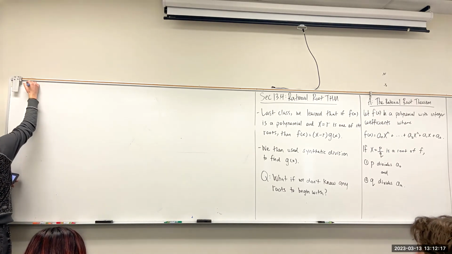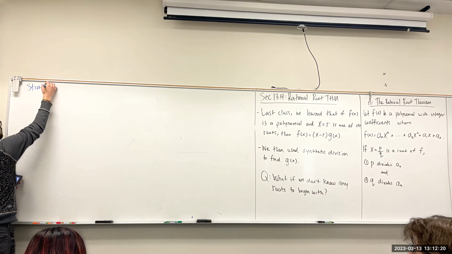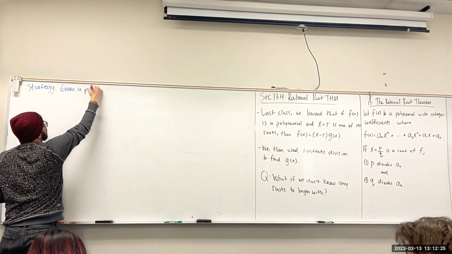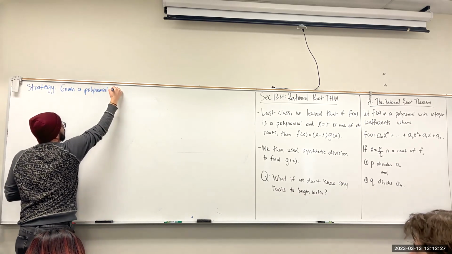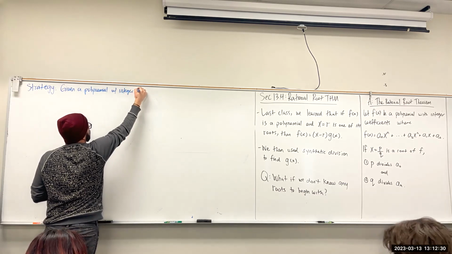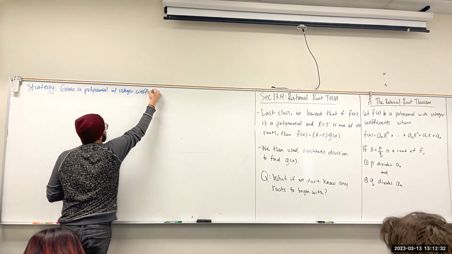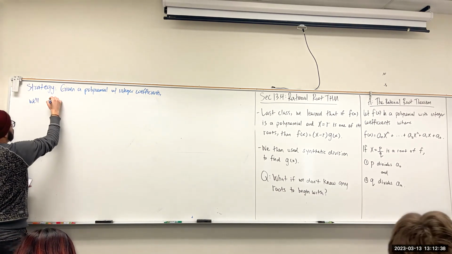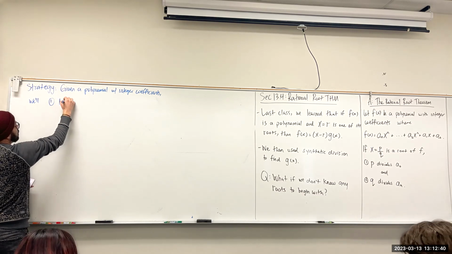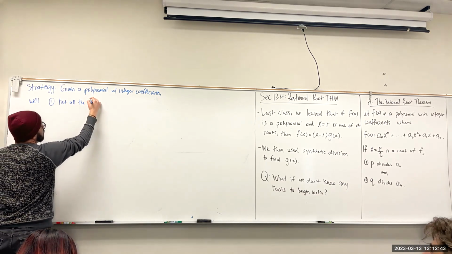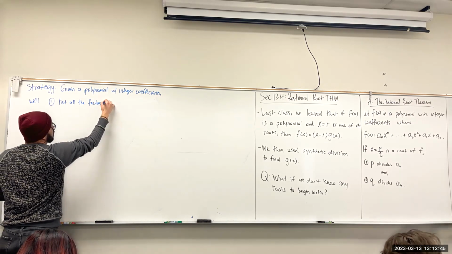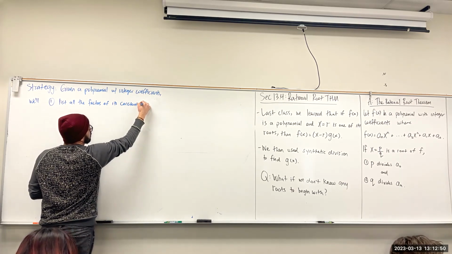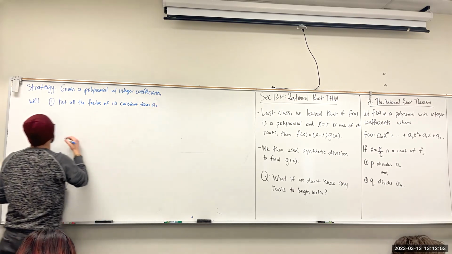So here's the strategy of what we're going to do. Given a polynomial with integer coefficients, first, list all the factors of its constant term, a naught.